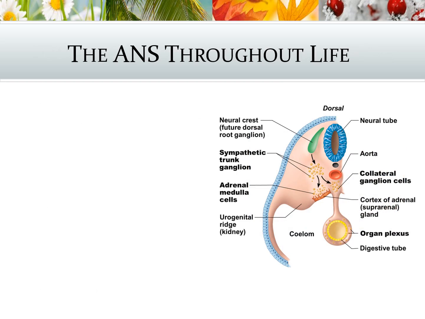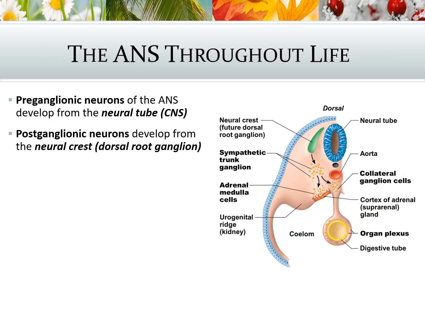So now let's look at a little bit of development of the autonomic nervous system. Remember our neural tube versus our neural crest cells. The neural tube is essentially going to develop into the spinal cord and brain, right? The central nervous system.